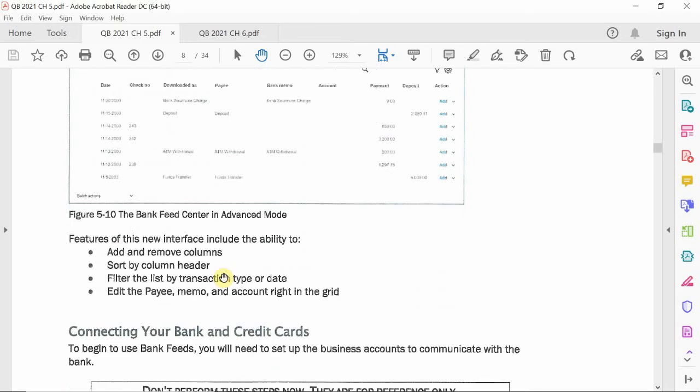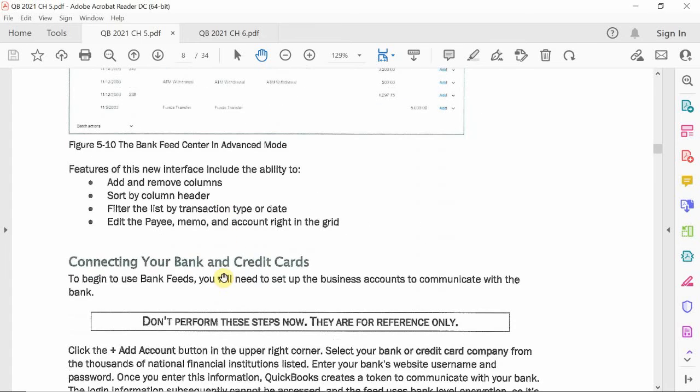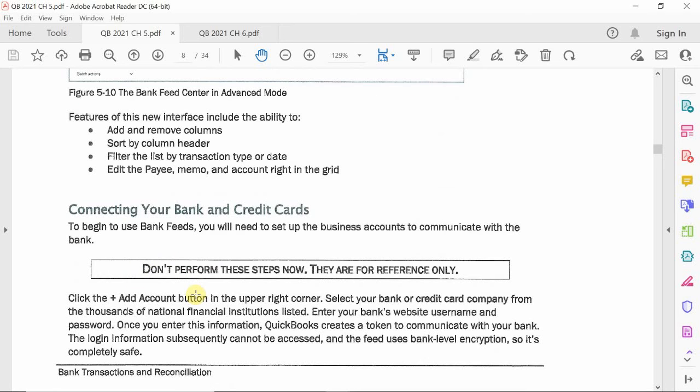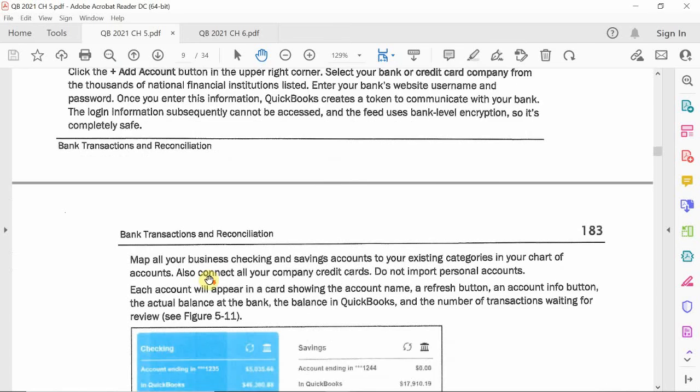It has to be a legitimate bank account with a legitimate routing number, so you need to put in real data for this to work. A lot of this is theoretical because we don't have access to a real bank account, so I cannot show you how to do it.